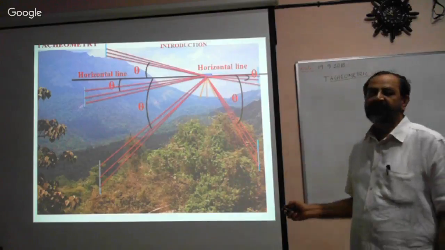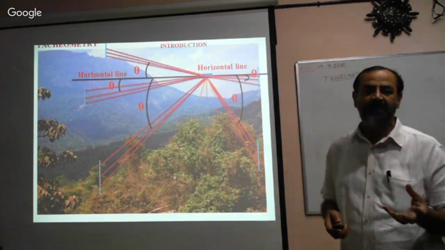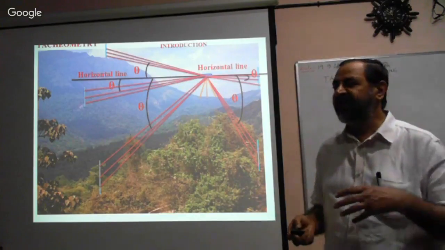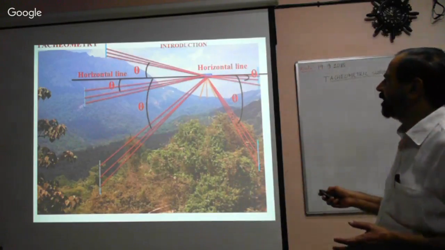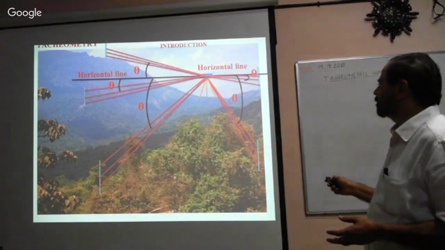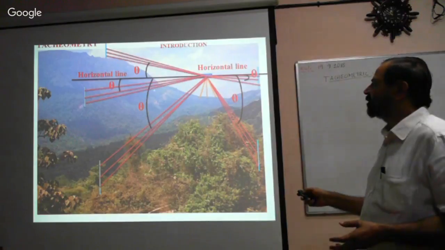Normally it is used in the reconnaissance survey, that is in the beginning of the project, to know the undulations of the area.